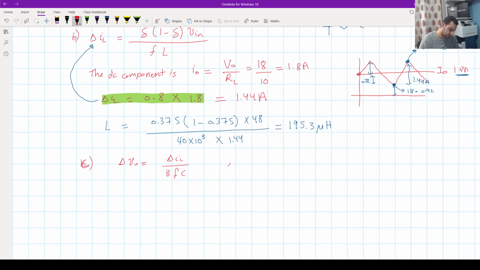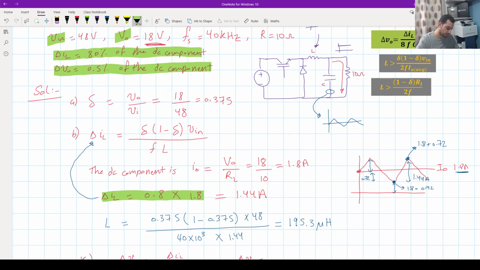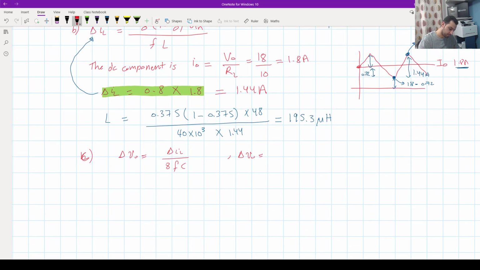We know that delta V output, it says in that part here, is 0.5% of the DC output component. What is the DC output component? It's the same as the output voltage. So that value will be 0.5% of the output voltage, which is 18 volt, and that will give us a value of 0.005 times 18 equals 0.09.